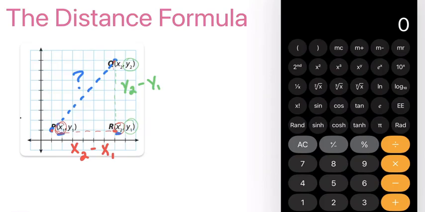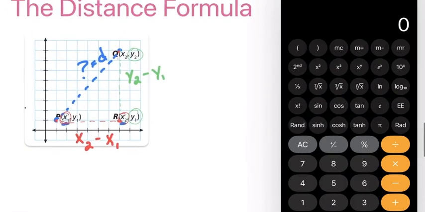So the length of the bottom is x2 minus x1, and the length of the other side is y2 minus y1. Okay. And then the thing that I want to know, I'm going to call that D, because what I want to know is the distance between those 2 points.